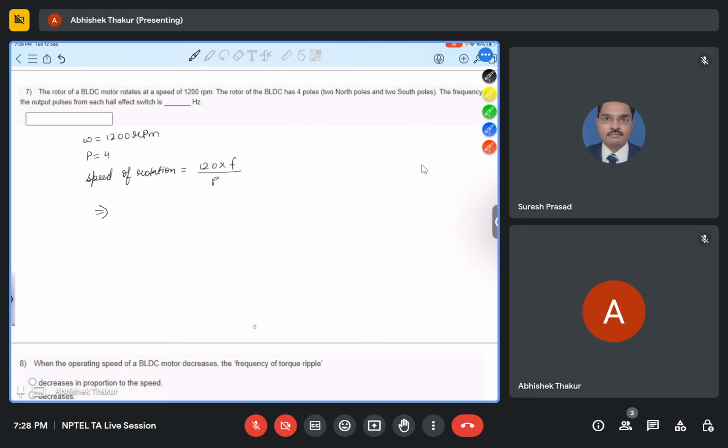This is the formula. Using this formula, frequency will be P into speed of rotation divided by 120. So it will become 4 into 1200 by 120. So this will be 40 hertz. For this question, the answer will be 40 hertz.